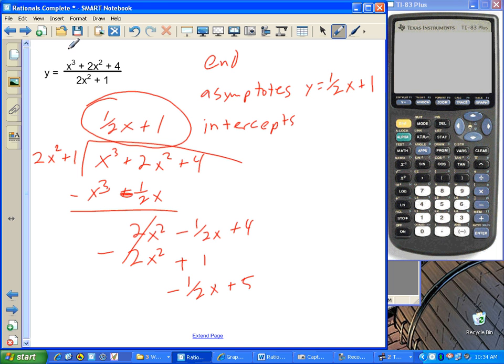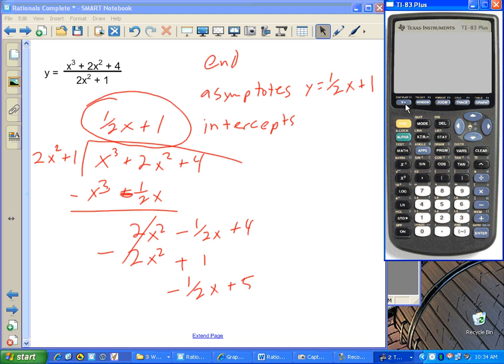Intercepts, I have to figure out when the top is 0. And since the top is a cubic, I'm going to graph it. So I'm going to have x cubed plus 2x squared plus 4. It's crossing right there, which hopefully is a whole number. Or no, it's not a whole number, and it should be.